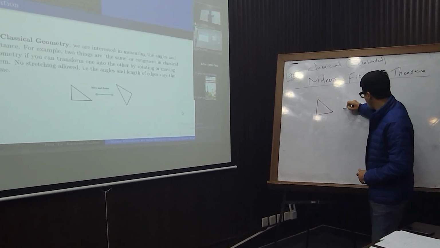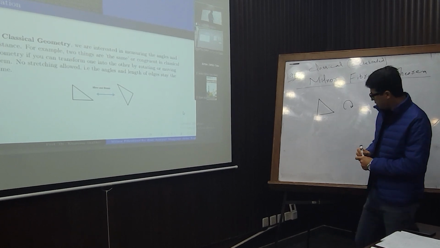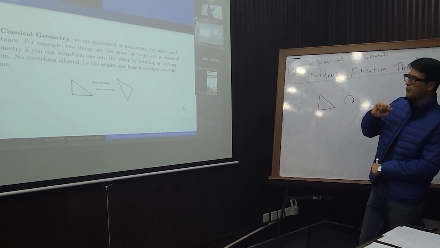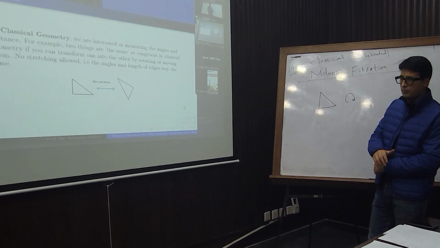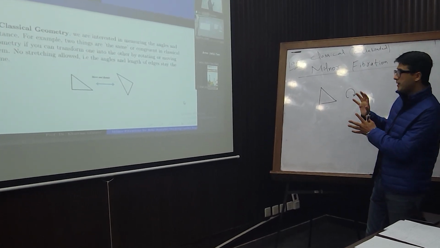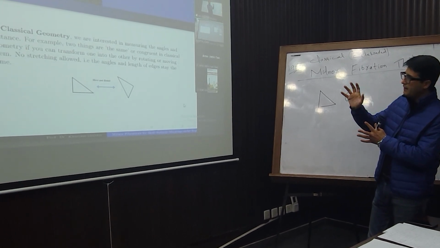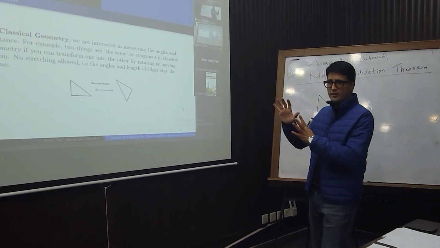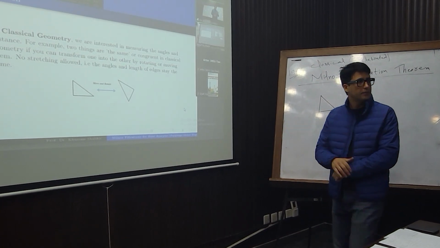These are the two things we are allowed in Euclidean geometry, because here stretching is not allowed. So the movement is in a way that the angles and the lengths of the edges stay the same. So this was in classical geometry.